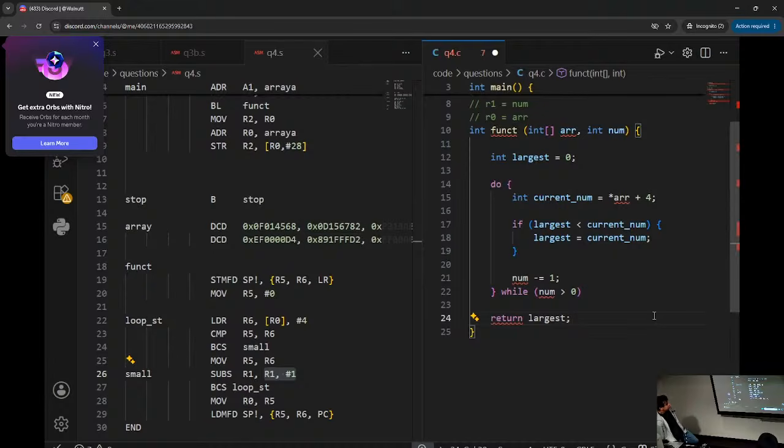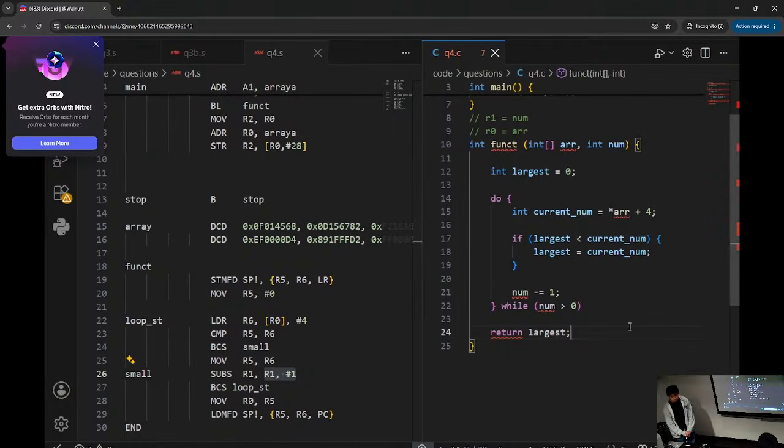And if we look at this, what does this function do? Can anyone tell me? Yeah, exactly. That's all it does. It just finds you the largest number in that array. Sorry, I'm just double checking. Oh yeah, my bad.